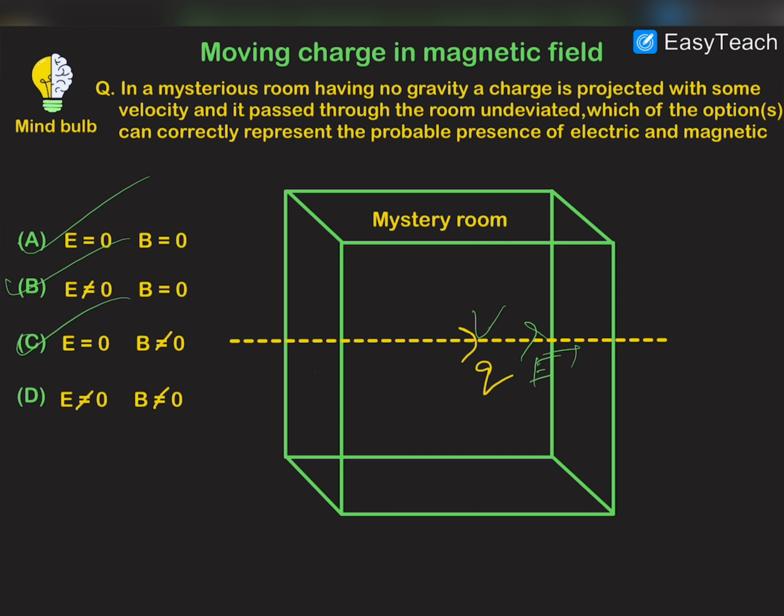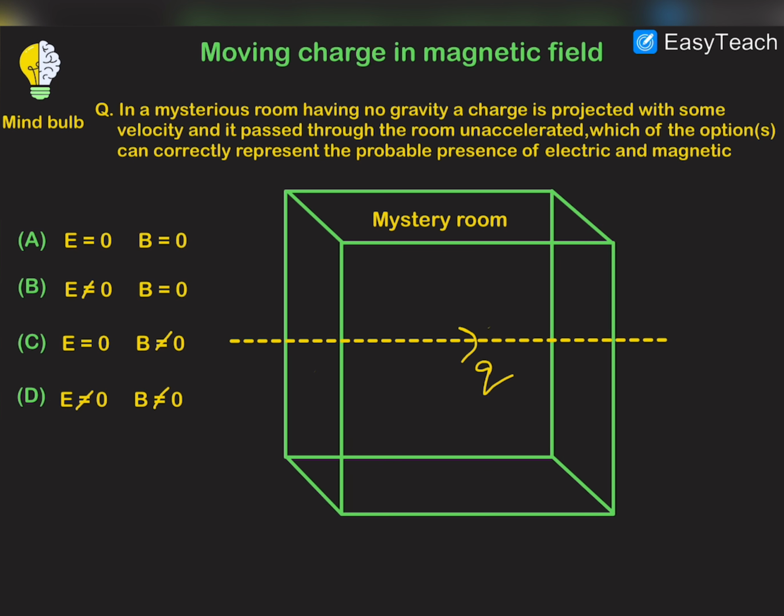Then this charge will not experience any magnetic force, but it would experience an electric force and be accelerated, but it would not be deviated, because acceleration and velocity are in the same direction. So D can also be the case.